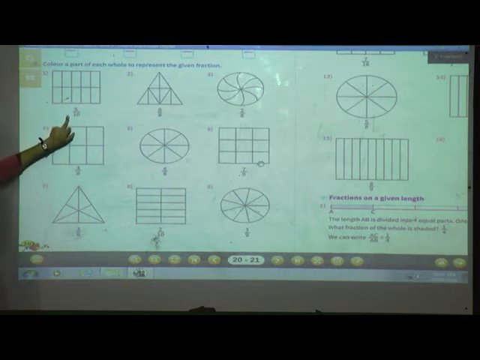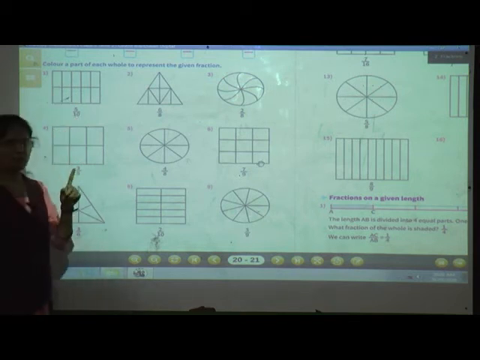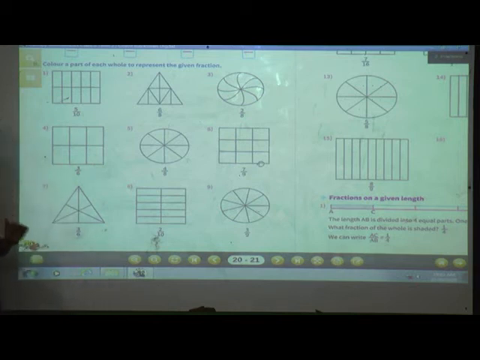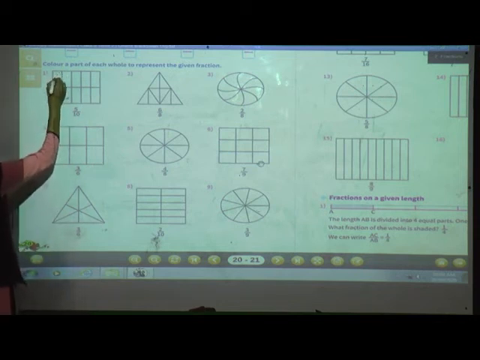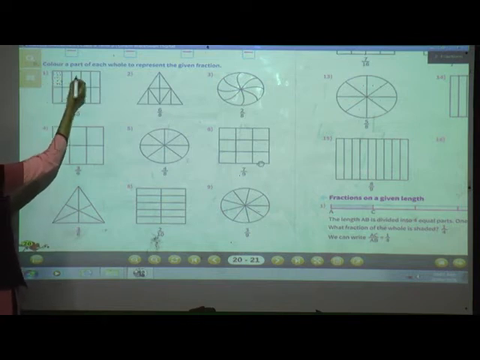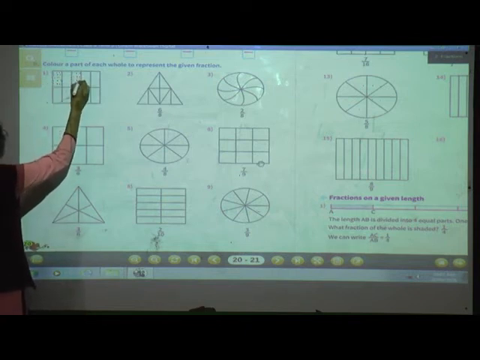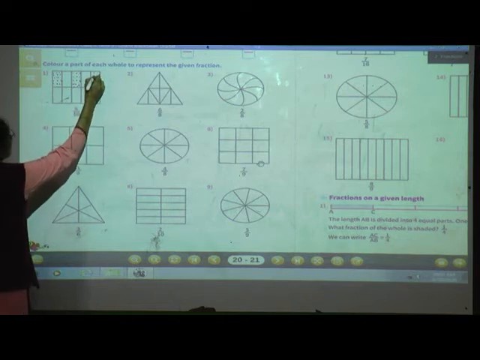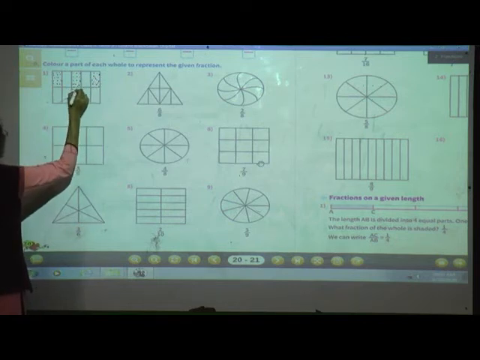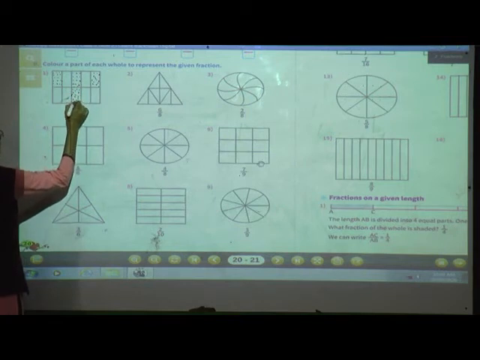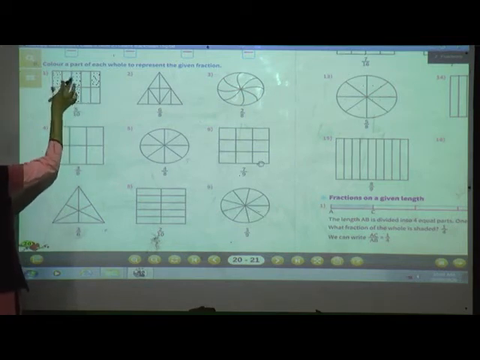Fraction is 5 by 10, means this whole is divided into how many equal parts? In 10 equal parts, and out of those 10 equal parts, how many parts do we have to color? Yes, 5 parts we should color. Okay, so let us color the 5 parts. 1, 2, 3, 4 and 5.